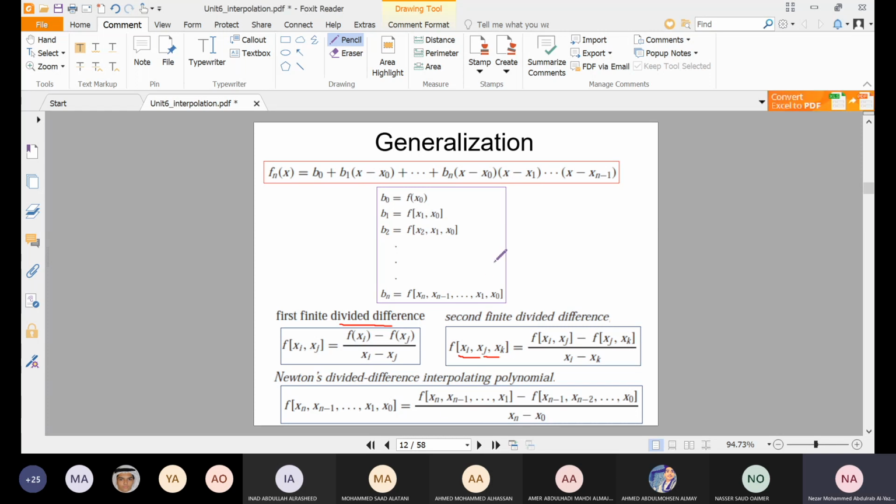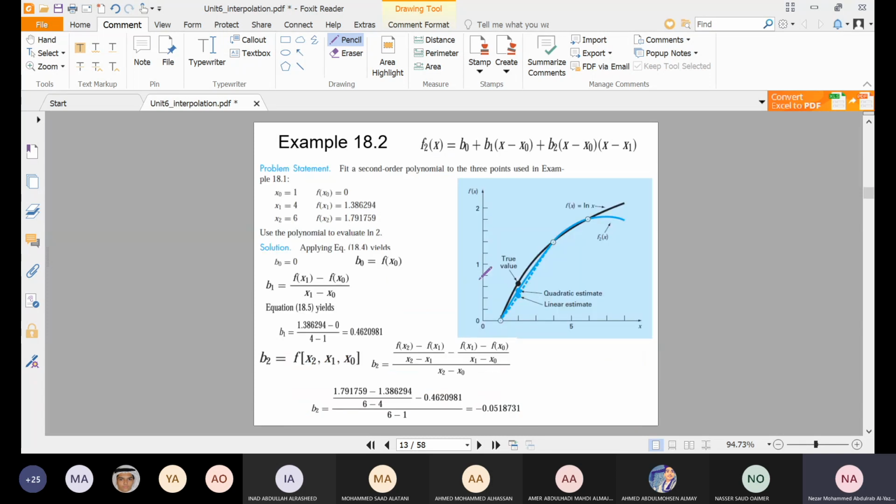Look, return back to the example that we took before, about estimating the ln, if you want to estimate ln for x equal to 2. But here we'll take 3 points. The 3 points we'll use for the estimation. So this is the quadratic form of the interpolation polynomial. We want to compute these coefficients from the table that we have.